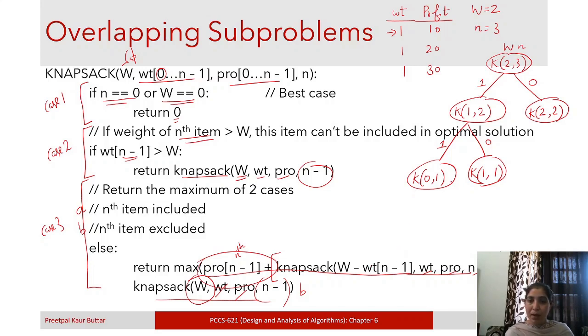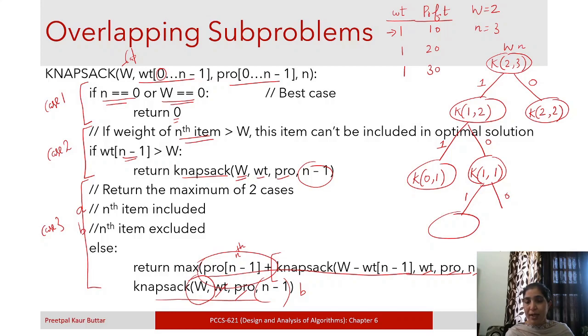So from here can we go further down? No. Why? Because here weight is 0. When weight is 0, this is the base case. So we are done. And at this leaf, can we go further down in the tree? Yes, because we have one item left and the capacity of the knapsack is 1. So we can include the item which is left or exclude that item.